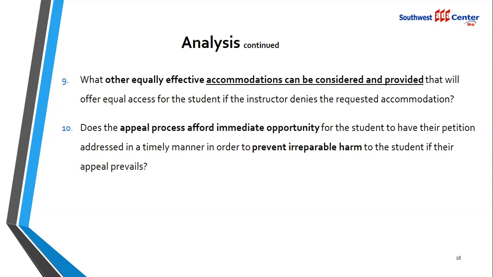Even during our pandemic, higher ed figured out how to move forward. So the appeal process has to match that pace. If the student believes that they should have had the accommodation, they were unjustly denied, that appeal process should move at a very quick rate, so that if the appeal process prevails, irreparable harm is not done to that student. Next.